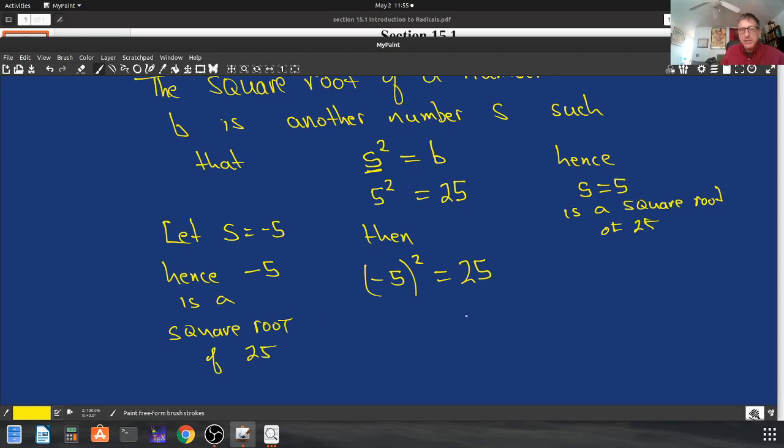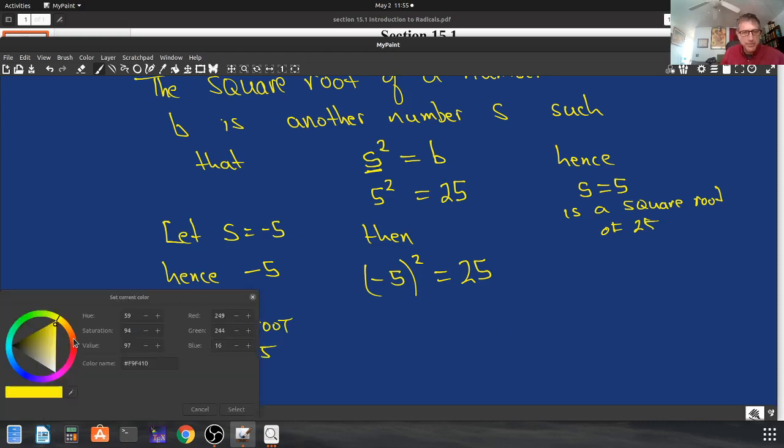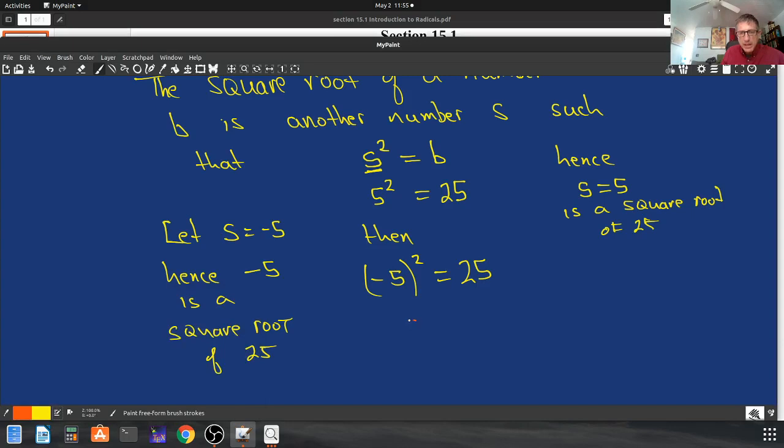So this tells us the following principle. Every positive number, and of course we're talking about real numbers, has two square roots. This is something that you need to know.